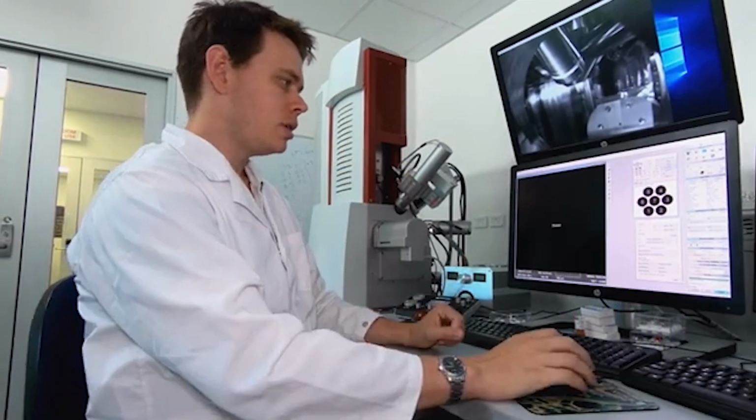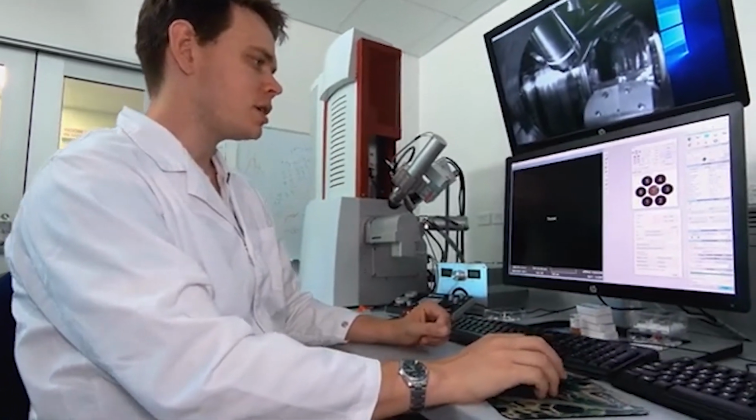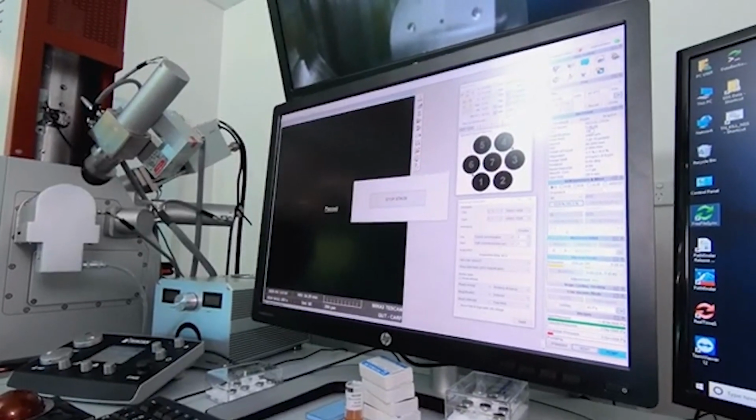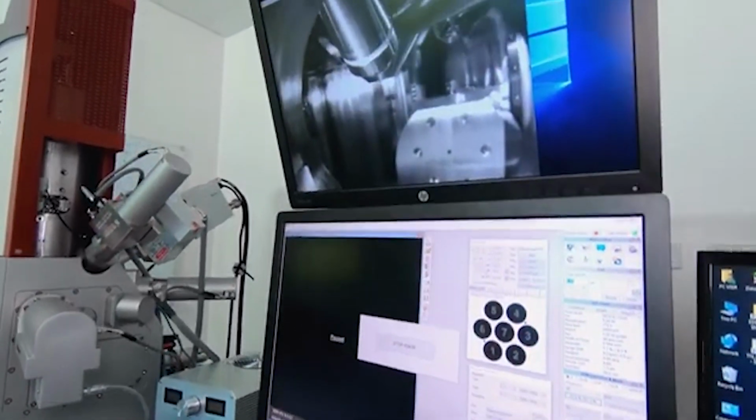There are many examples of vibration-sensitive instrumentation. We'll be touching on a few. Scanning electron microscopes are a good example where vibration can distort the image.